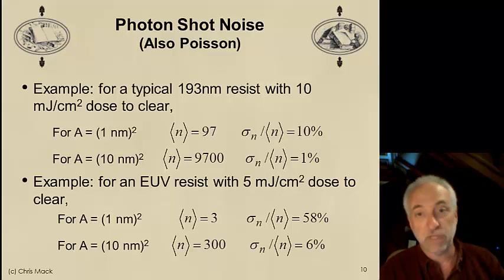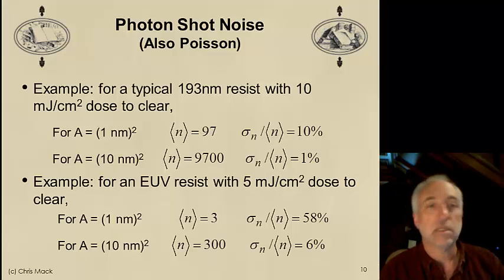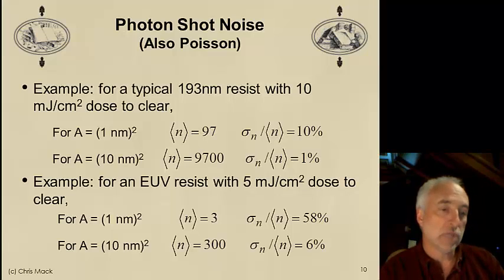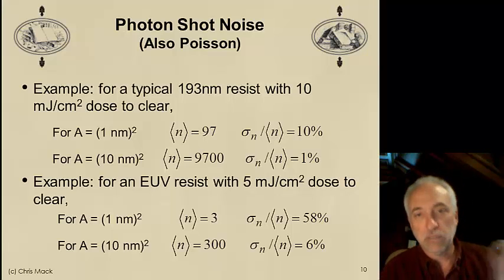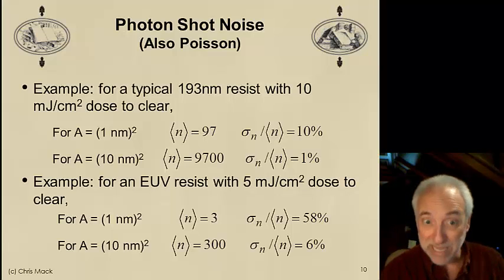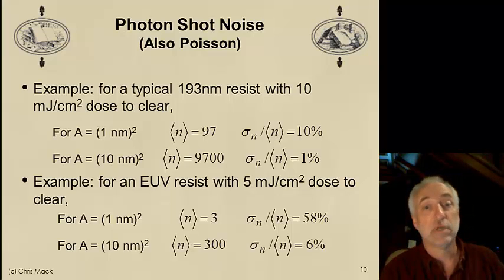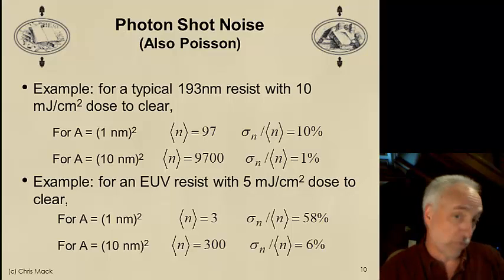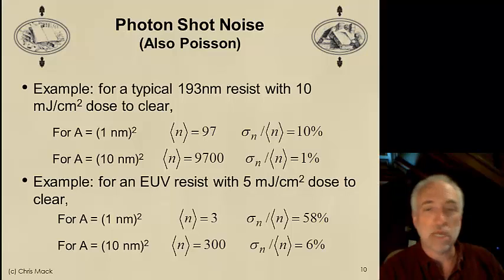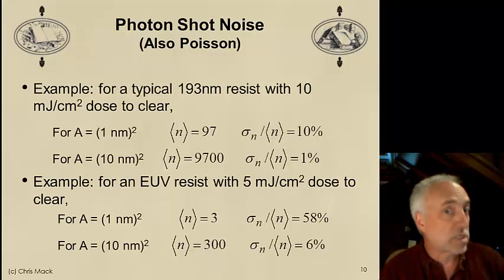One of the reasons for this big difference is that EUV photons are 14 times more energetic than 193 nanometer light. Each EUV photon has 14 times more energy than a single photon of 193 nanometer light. As a result, for the same dose, we have 14 times fewer photons, as a matter of fact, for EUV light compared to 193 nanometer light. And therefore, the shot noise statistics get much worse.